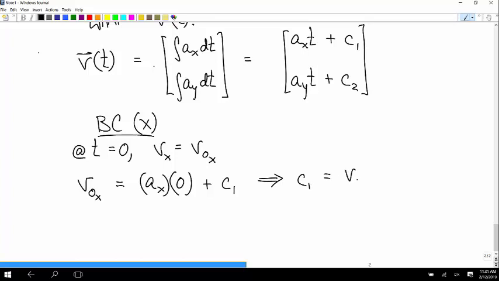So c1 is equal to v0x. And now I can put v0x in place of c1 in that velocity function. So vx as a function of time is equal to ax times t plus v0x.